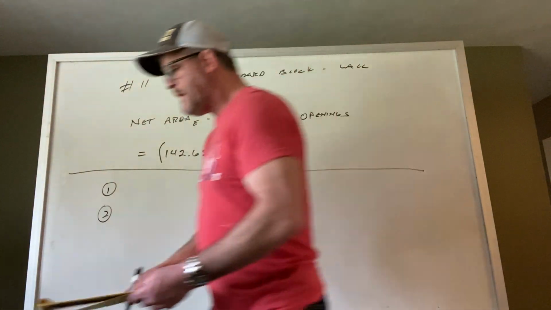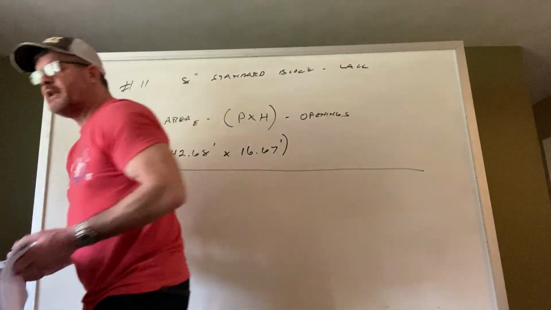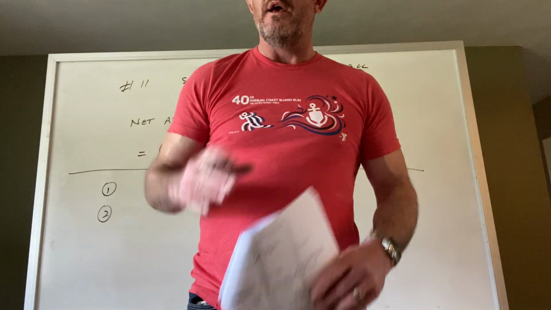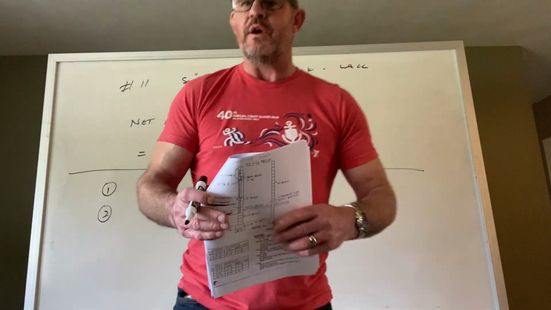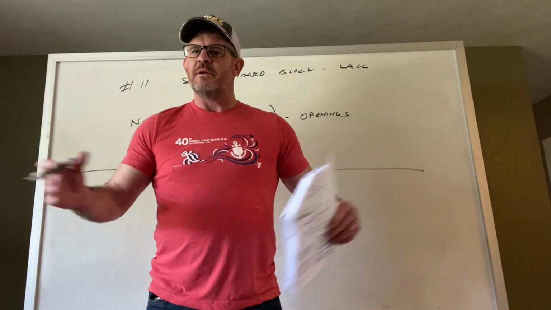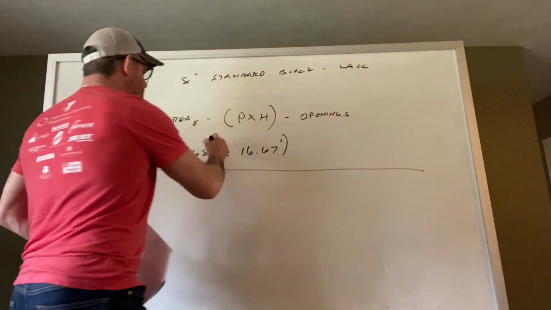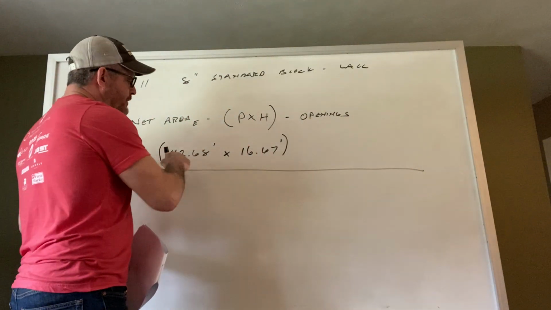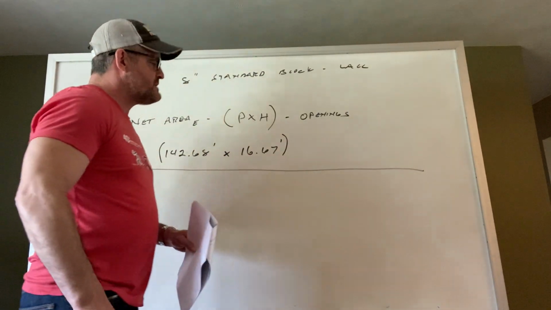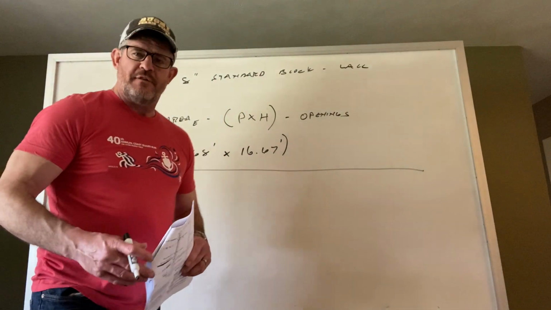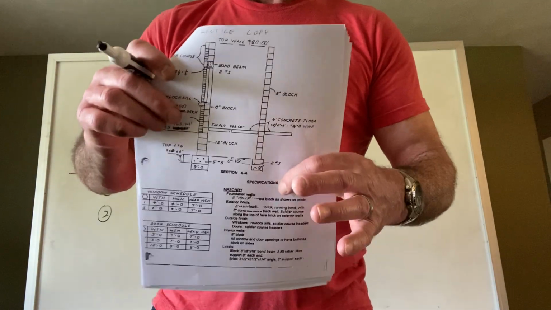Before, as we made our list, we were concerned with either width or height because we were dealing with either a vertical dimension or a horizontal dimension. But this time we're dealing with both. Why? Because I'm in square feet. 142.68 times 16.67 will give me square feet. So I want to know the square footage of all of my openings.